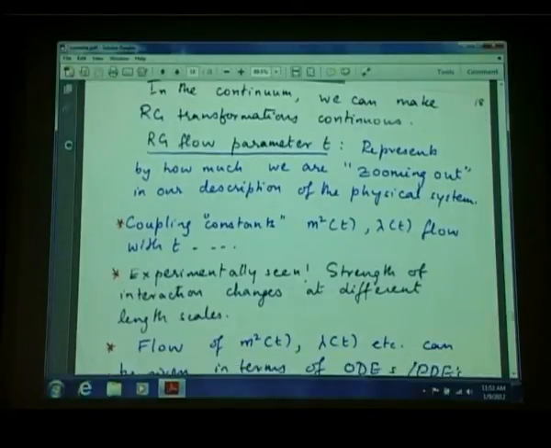So this has been experimentally seen, because if you do an experiment on this physical system in which your experiment is not sophisticated enough to probe very small scales, then at the scale at which you are probing it, you will measure some value of the coupling constant. Well, if your experiment is able to probe even smaller scales, then your coupling constant value will actually change. So this change in the strength of an interaction has been experimentally seen.